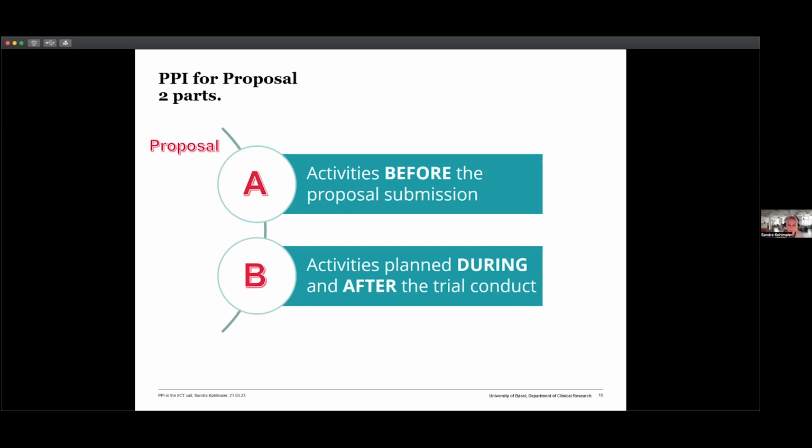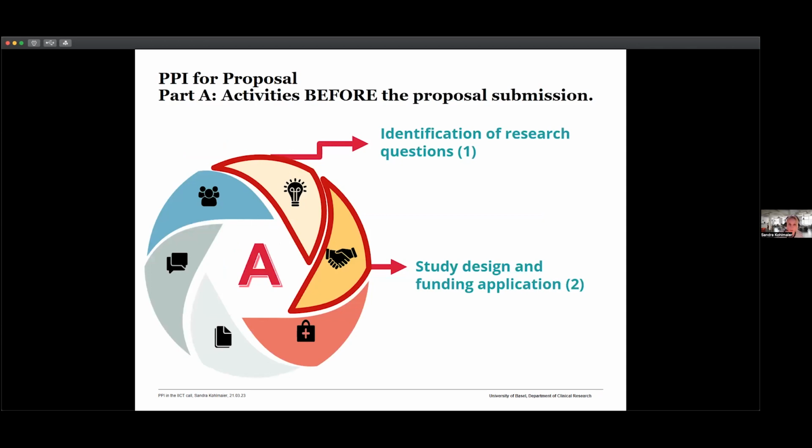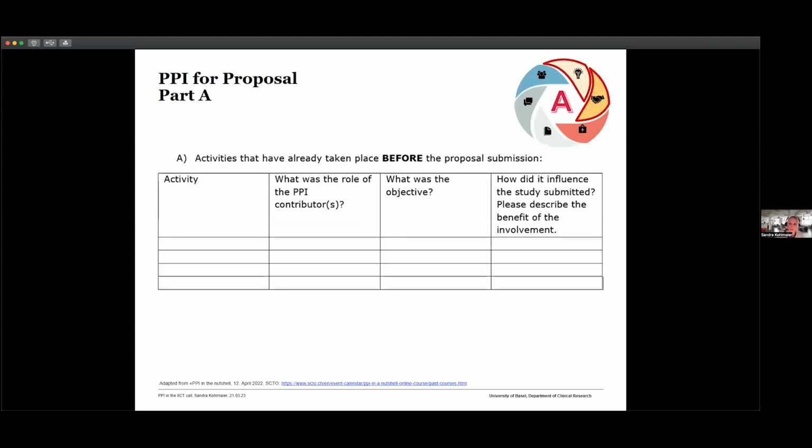And B shows the activities that you are still planning during and after the trial. As I said, Part A describes the activities you have already done in the preparation phase with the preparatory grant, and this is how the template will look.